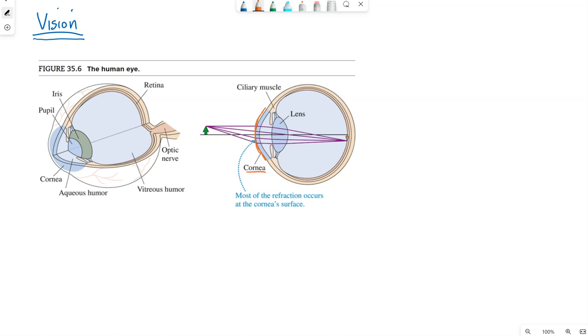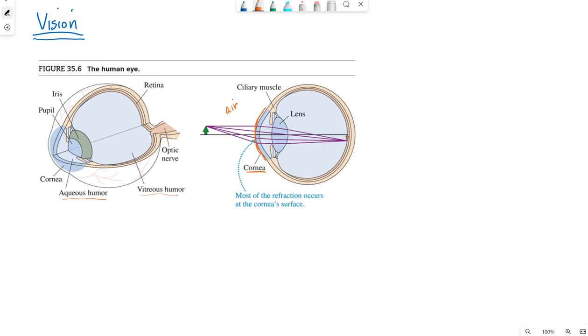That's where most of the light refraction occurs, because the light is going from air, index of refraction of 1, into a liquid surface. It's called the aqueous humor first, then the light will go through the lens, and then vitreous humor. They're liquids of sorts.